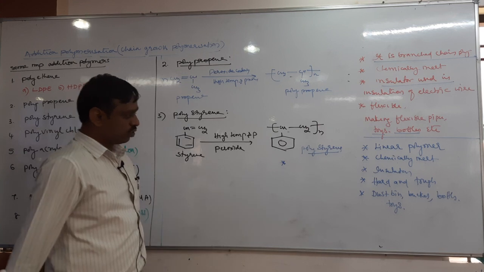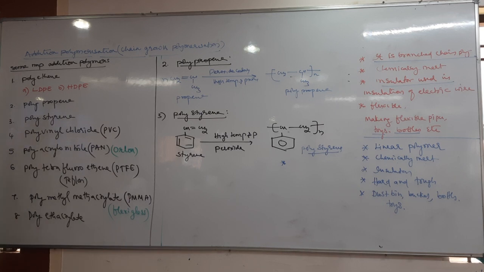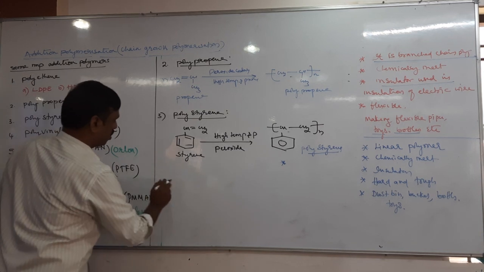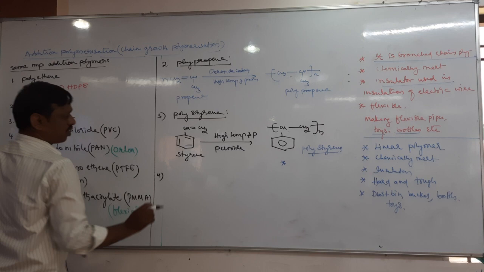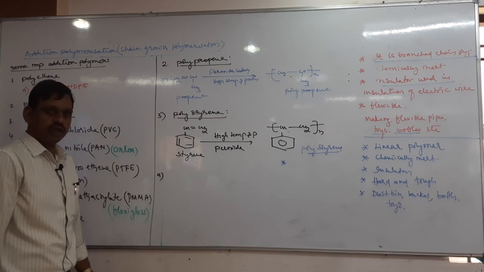Okay, so it is used in making radio and television cabinets, comma, it is used as an insulator. And next, toys can also be prepared. It is also used in making toys.